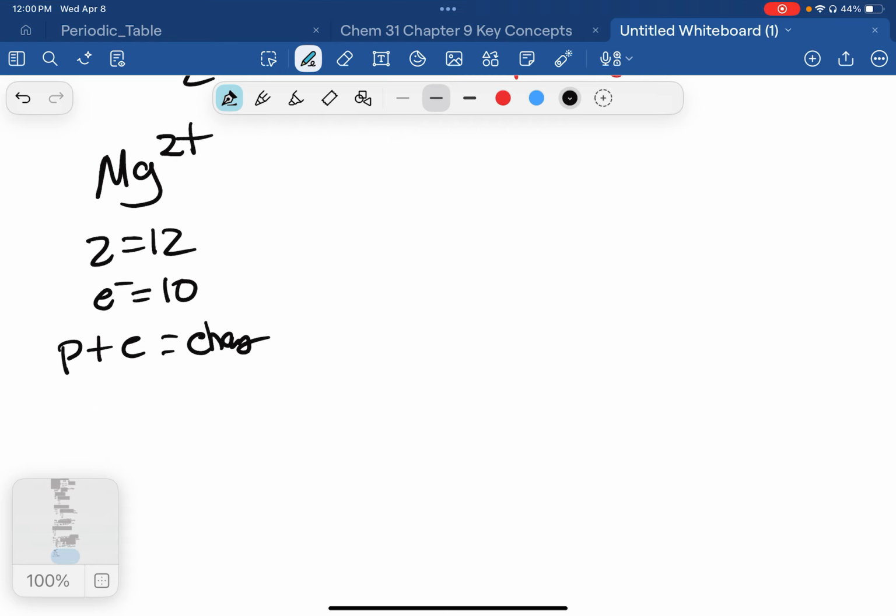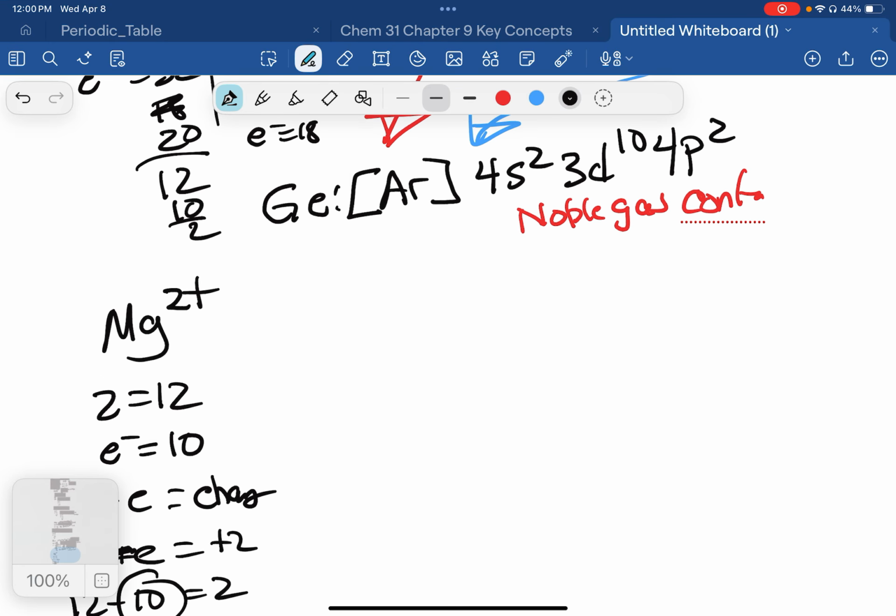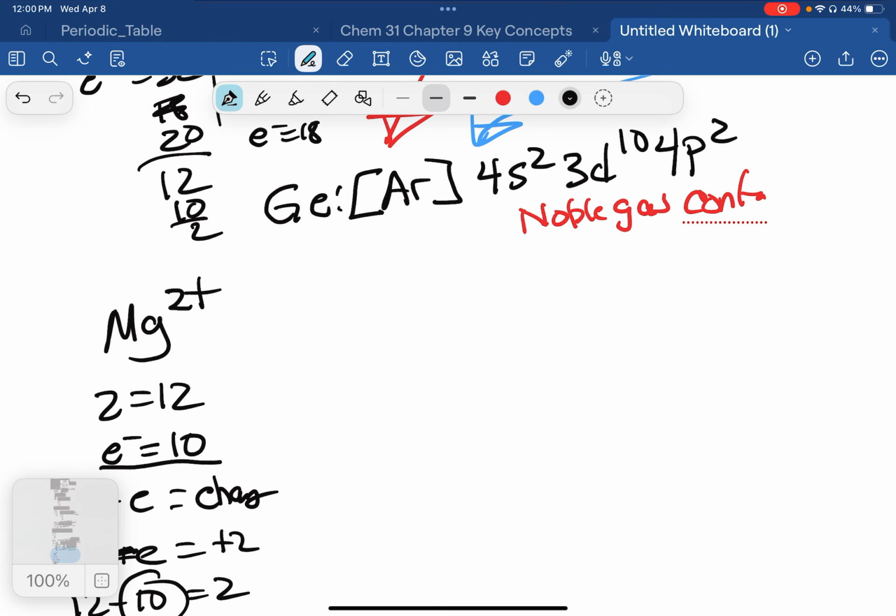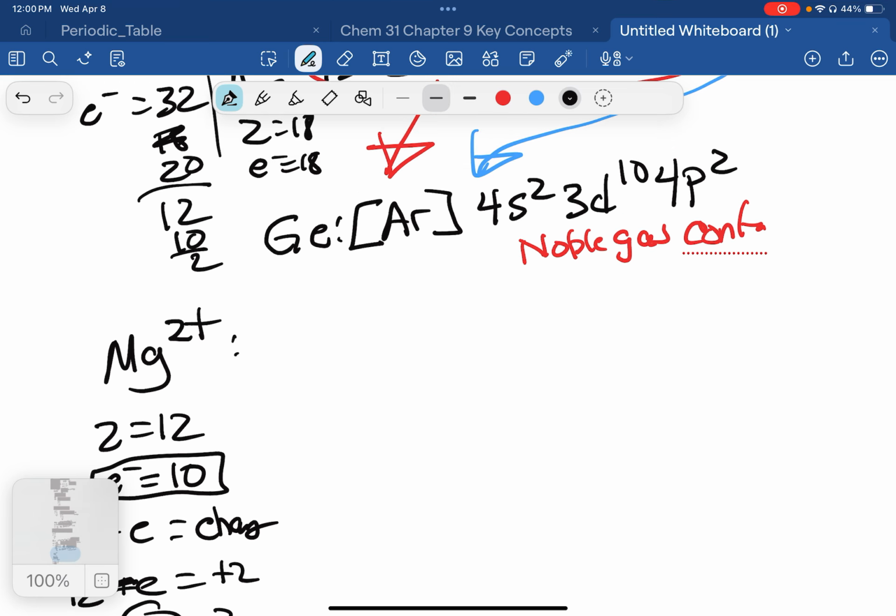Otherwise, you know that you have 12 protons, you know that electrons you don't know, your charge is then plus 2. Electrons being negatively charged, this is technically a minus. You would know that 12 minus 10 equals 2, and then therefore you would have 10 electrons, just to remind you from before. Okay, so now you're dealing with the atomic number not equaling the electrons, but you still would fill them in exactly the same way.